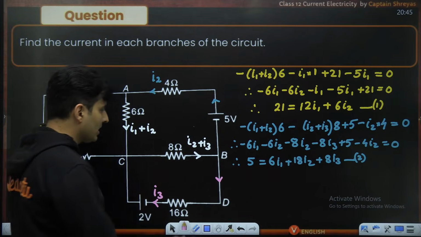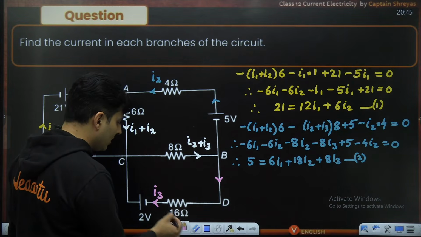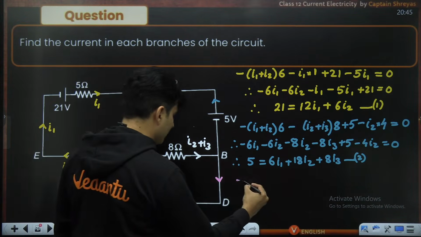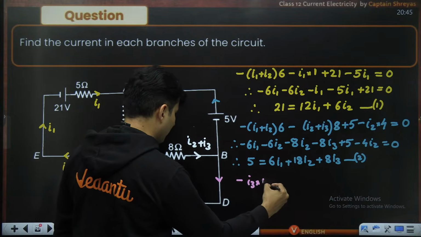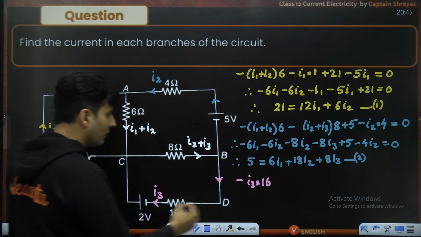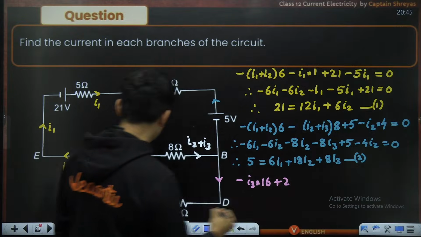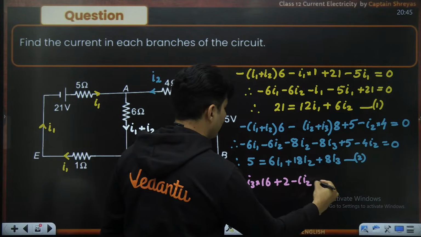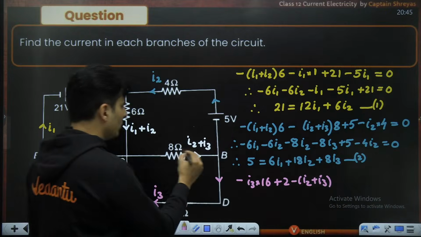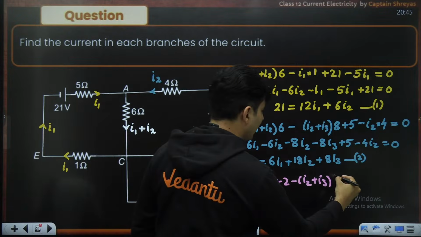Okay, so if you start maybe from point B over here, first thing you encounter is this resistance. So minus I3 multiplied by 16, increase of plus 2. So plus 2 over here, and here a drop of nothing but minus I2 plus I3, I2 plus I3 into basically 8.